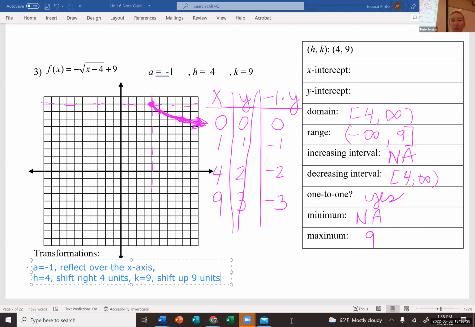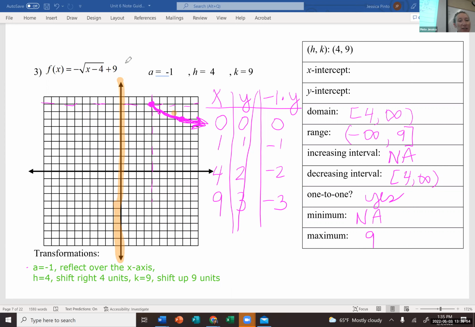Good, awesome. So we just have two pieces that we need to fill in, the X and Y intercept. Take a moment and look at this function and tell me which intercept will not exist. Tell your neighbor which intercept will not exist. Okay, hopefully you said that this is where the y-axis is.